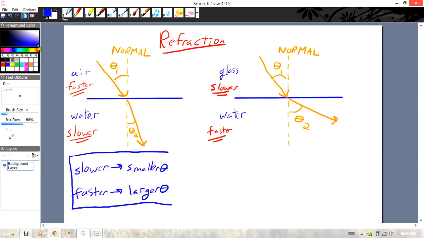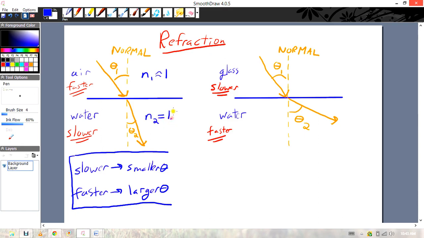So if we throw in one more thing here, the index of refraction of air is about 1. Maybe I'll just say that it is 1 for easy assessment.